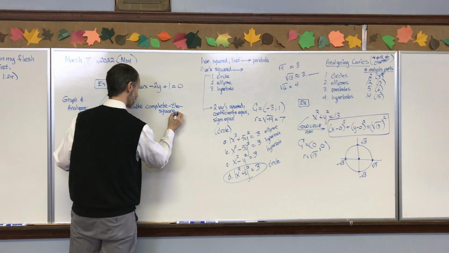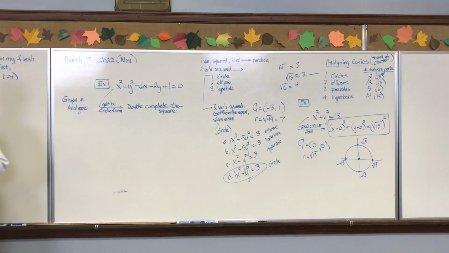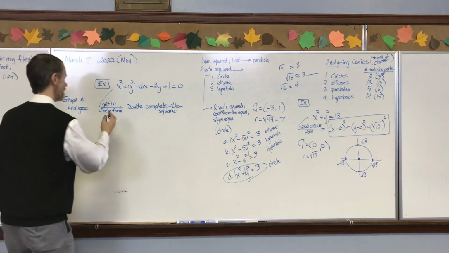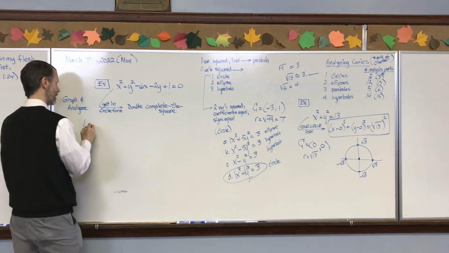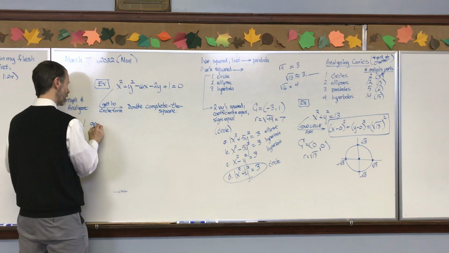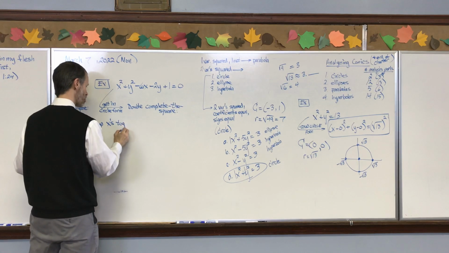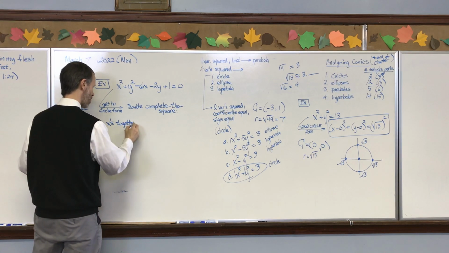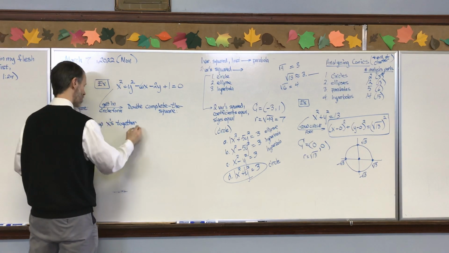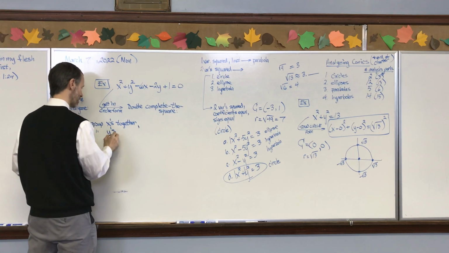Go ahead and write this down. Double complete the square, ironically enough, is easier than a regular complete the square. Here's how you do it. Step one. Group the x's together. Then group the y's together.